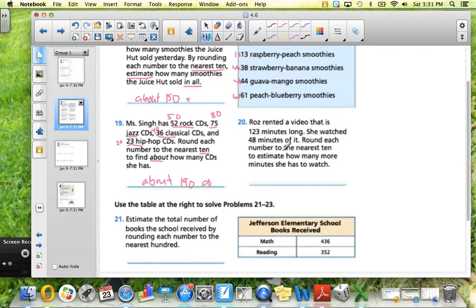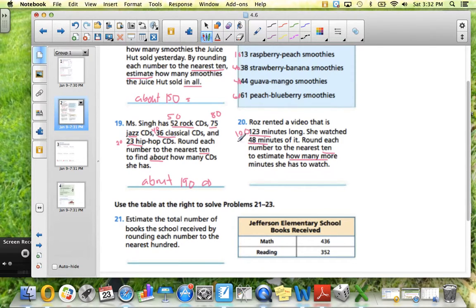And number 20, Roz rented a video that is 123 minutes long. She watched 48 minutes of it. Round each number to the nearest 10 to estimate how many more minutes she has to watch. So how many more? So we're going to find out what the difference is. So 123, we're going to round that down to 120.